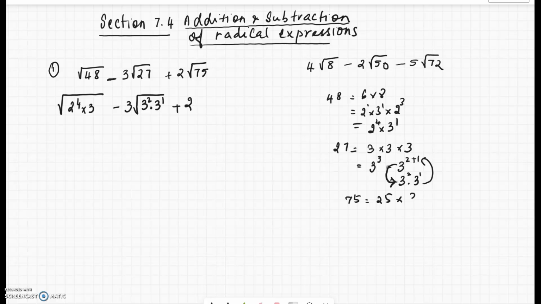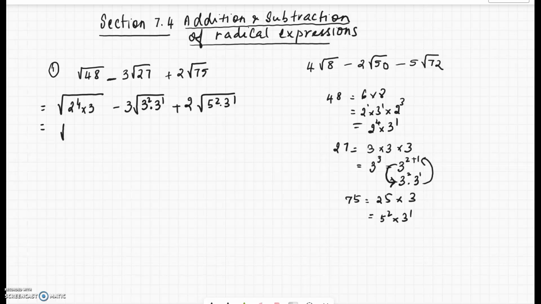And then 75 is 25 times 3. 3 quarters makes 75 cents. So that is 5 squared, 5 times 5 times 3 to the 1. So that is the square root of 5 squared times 3 to the 1. And that's equal to the square root of 2 to the 4 times 3.